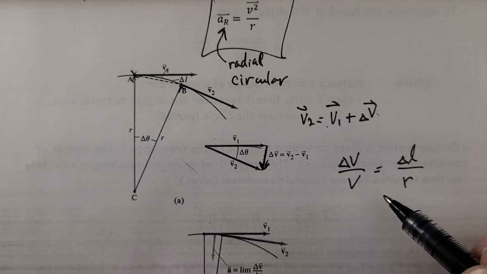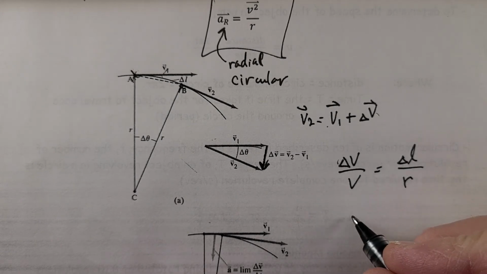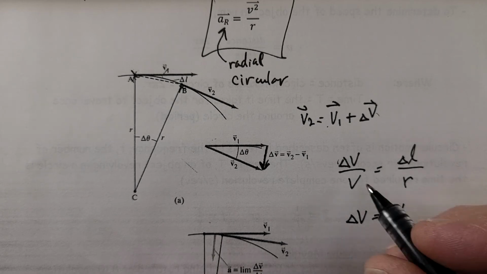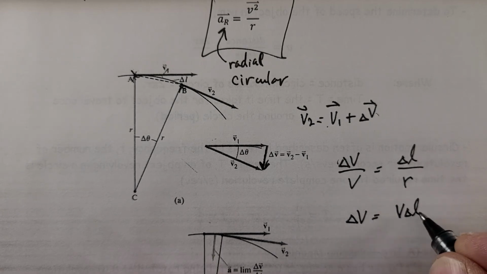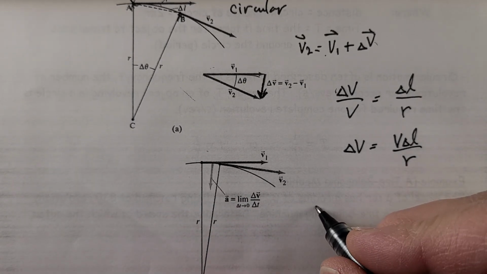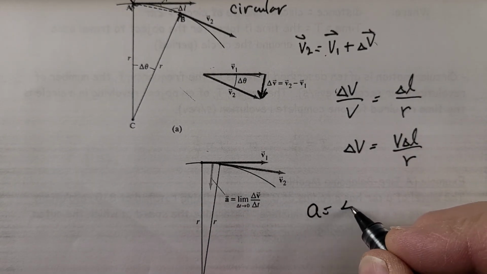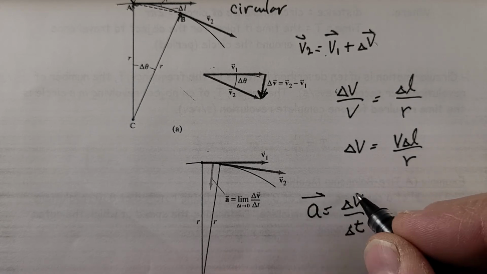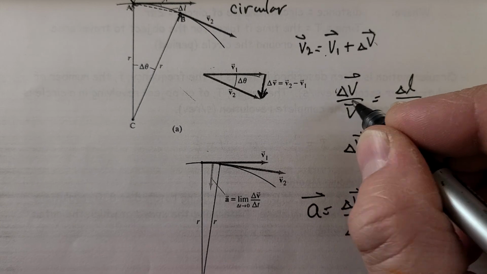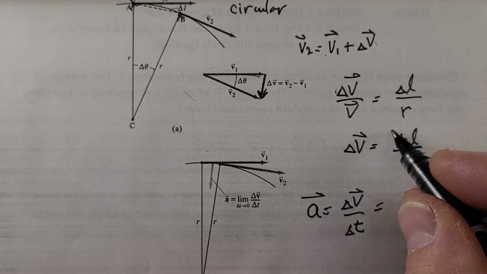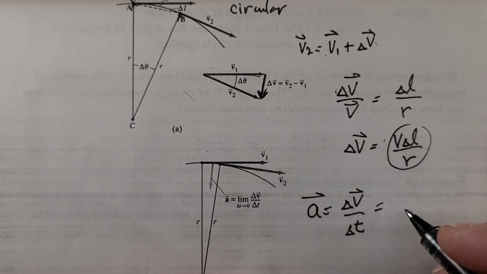And if I solve for delta V, multiplying each side by V, I get this. And I know that acceleration is change in velocity over change in time, right? That's what acceleration is. Now, I can represent my change in v as this.